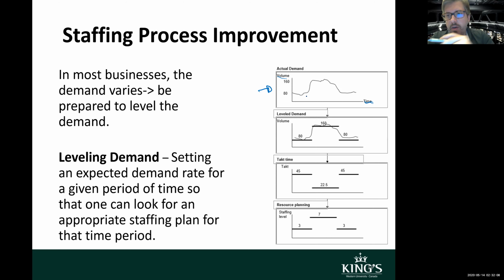If you're running an operation, any kind of operation, this could be car sales, umbrella sales, credit card sales, Christmas trees, vacations, hotel rooms, doesn't really matter. You will oftentimes find seasonality.